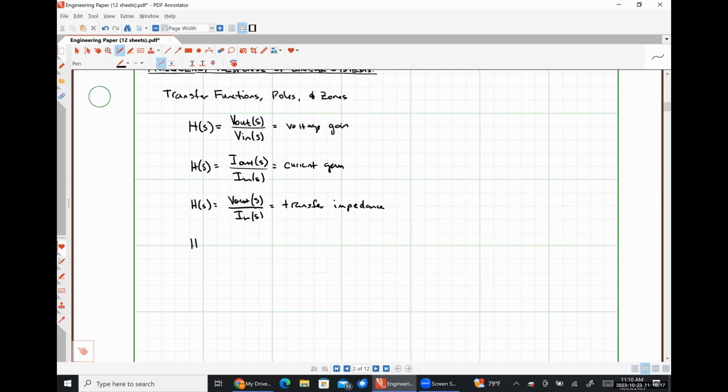And finally, we could define H of s as I out over V in, and this would be some measure of the transfer admittance of our system.